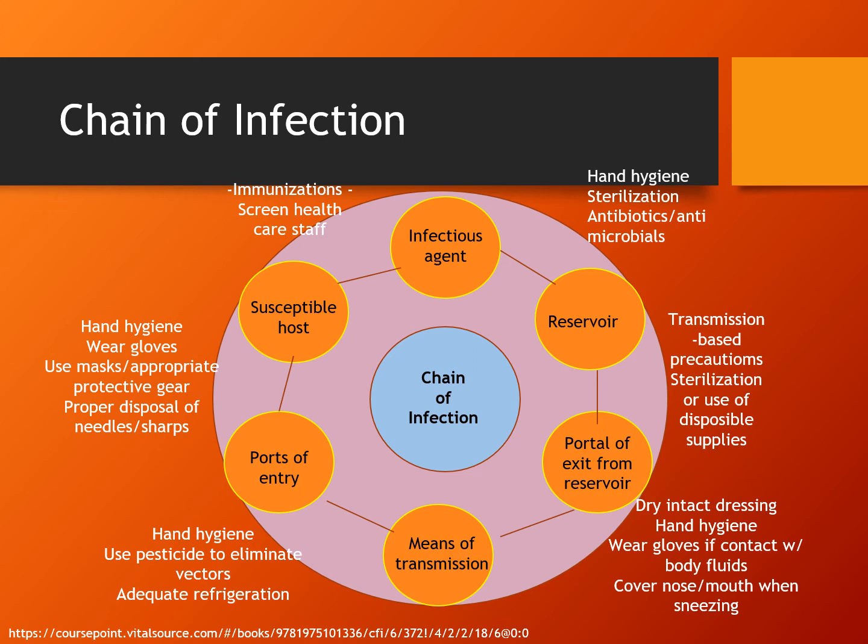Making sure that we dispose needles and sharps, and we're using appropriate protective gear, and we're using sterile gloves the way we need to. We make sure our patients get their immunizations. We're screening their health care. We're making sure they get their antibiotics on time, not too soon, not too many, just the right amount and the right amount of time. Okay, so all of these places is where we can make a difference.